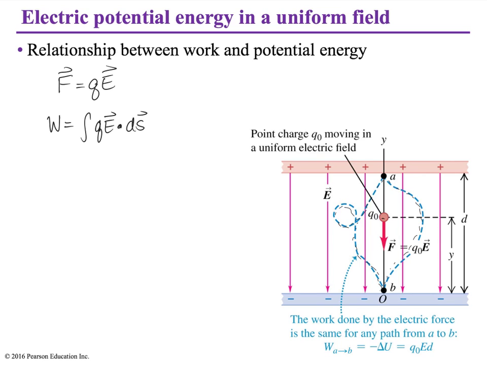What really matters is only the distance that it moves in the y direction, because that is going to be the direction of displacement that is parallel to the force that's making it move. As it moves, if it moves with that force, we're going to see a decrease in the potential energy associated with the electric field.